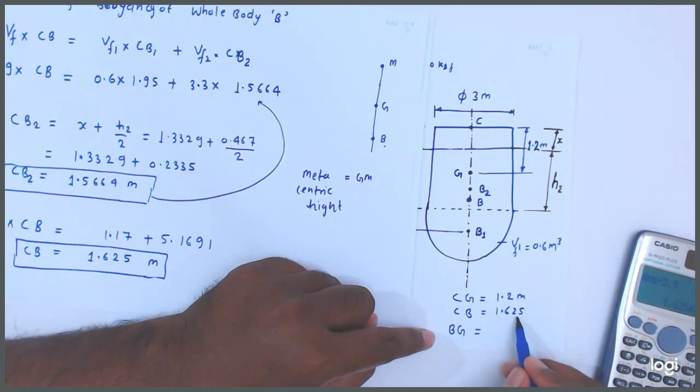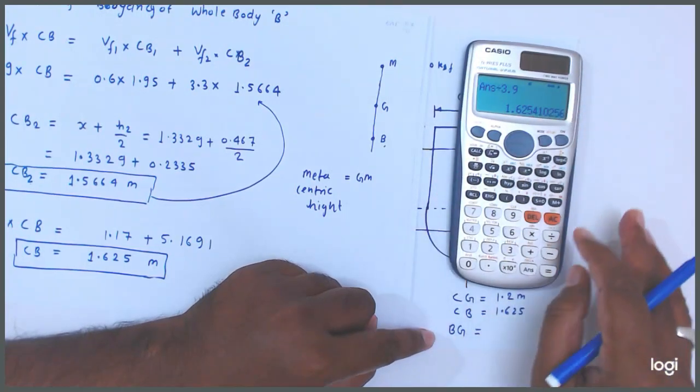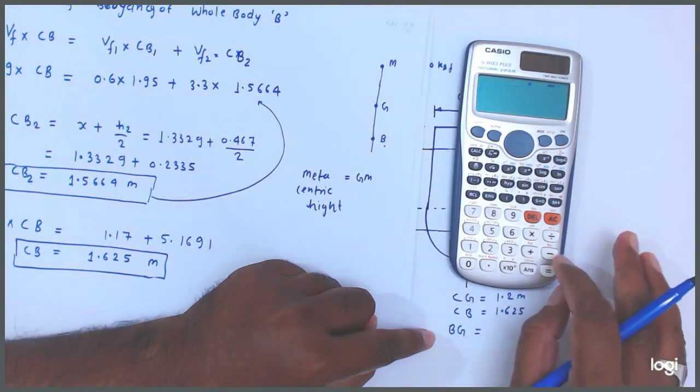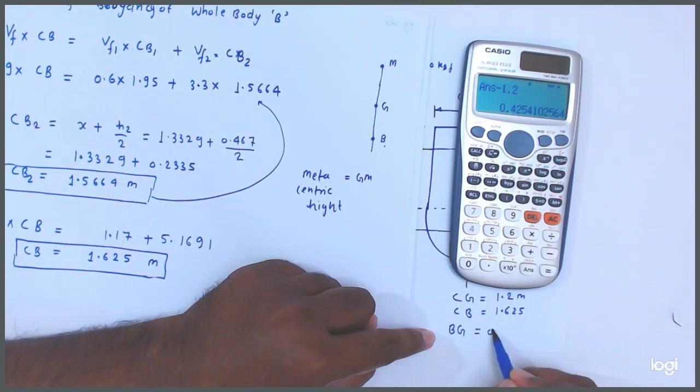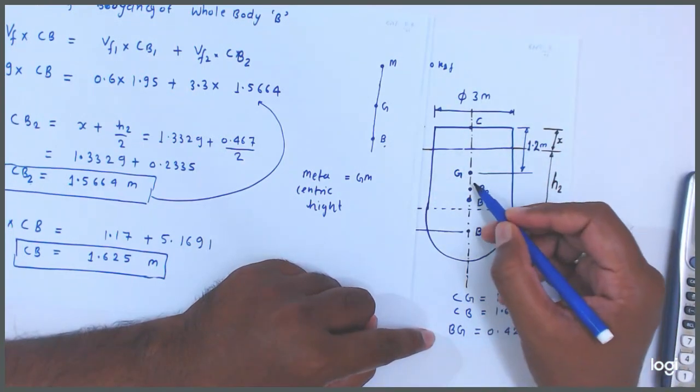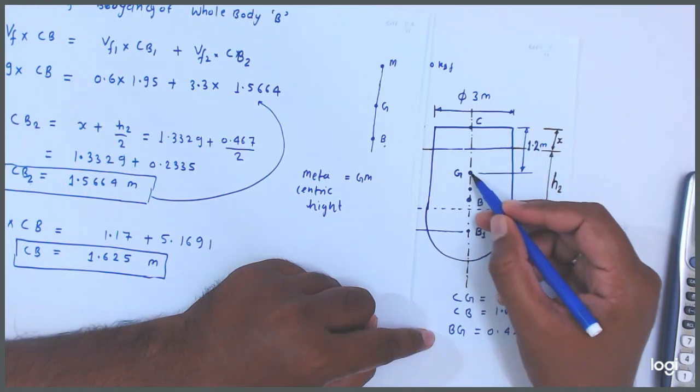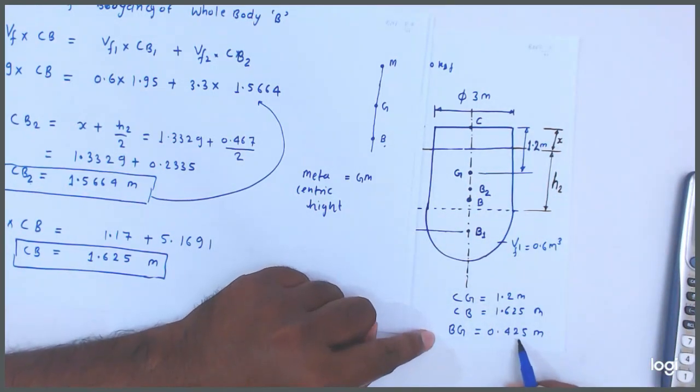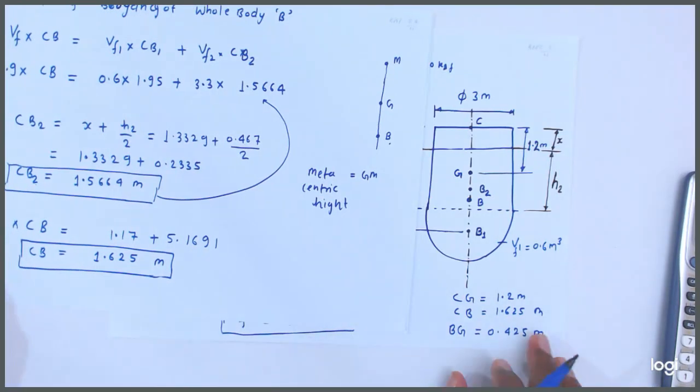So 1.625 minus 1.2 will give us 0.425 meter. So we are able to calculate the distance between B and G. BG distance is 0.425. Why am I calculating this?